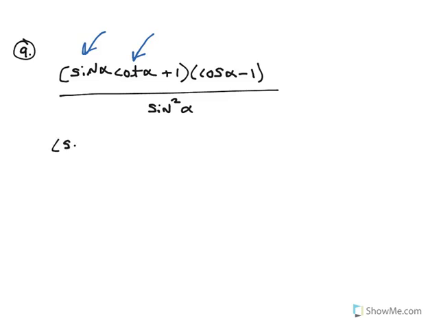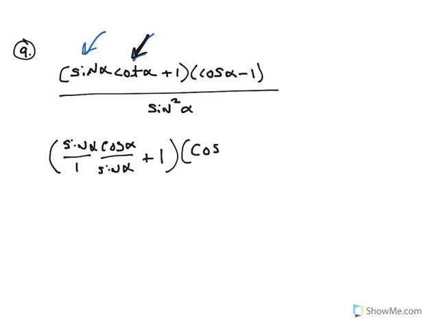So this is going to be sine of alpha. The cotangent, we're going to switch to cosine of alpha over sine of alpha. And this is sine over 1 plus the 1. Let's make that parenthesis a little bit bigger. So in our first statement, we switched the cotangent to cosine over sine, multiplied by cosine alpha minus 1, all over sine squared.